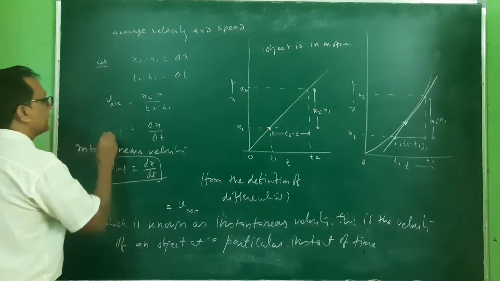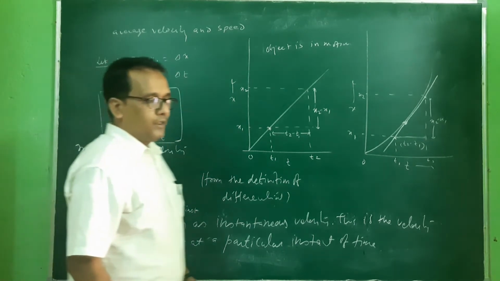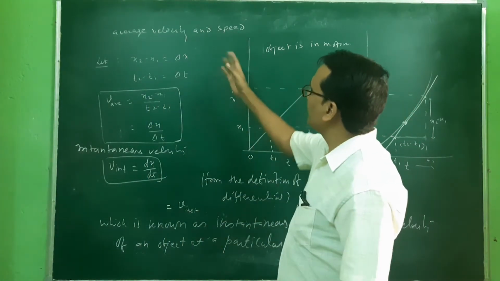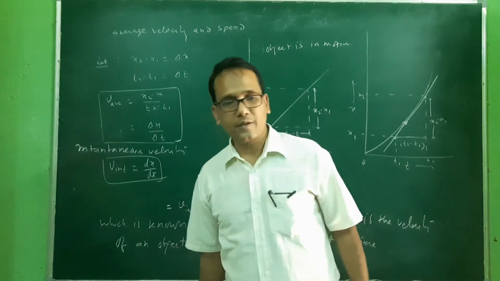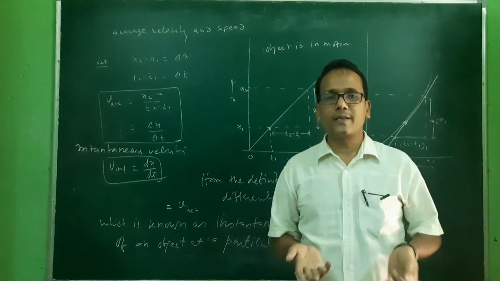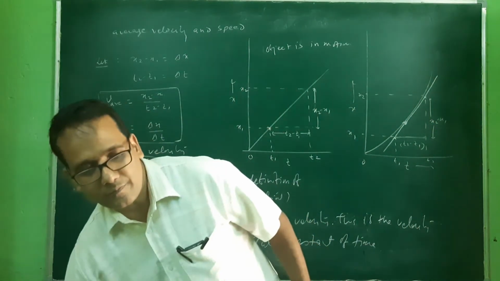So the dimension and units are the same. Now what about speed? At a particular instant of time, when we measure the speed, that is known as the instantaneous speed, and obviously that is a scalar quantity, and velocity is a vector quantity.